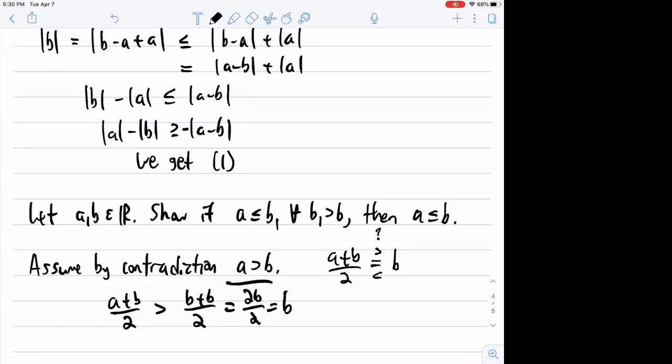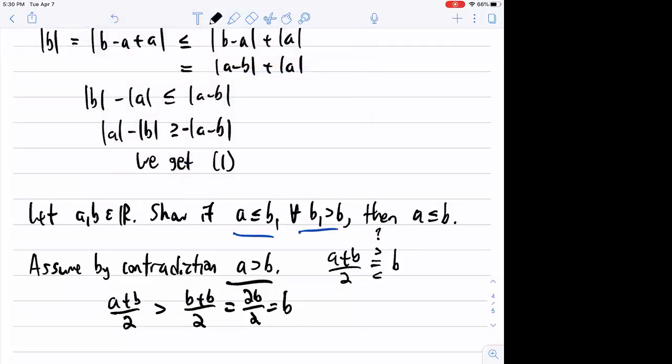But now we can use our assumption, right? Whenever a number is bigger than b, a is smaller than it. So let me use a different color. No, this is for all b1, right? So whenever a number is bigger than b, a is smaller than it.